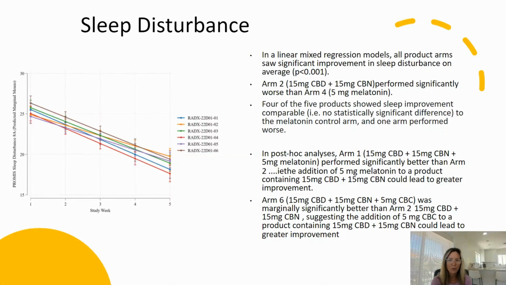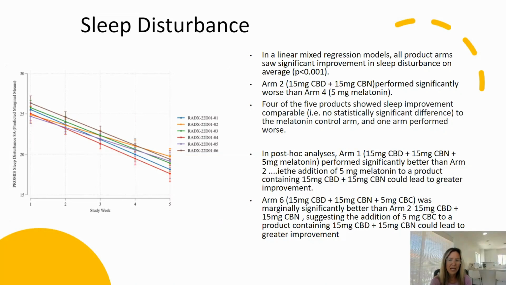Our arm 2, which was our 15 milligram CBD combined with 15 milligram CBN, that was the arm that performed significantly worse than melatonin. Because remember, what we're trying to do is see how everything compares to melatonin. 4 of the 5 products showed sleep improvement comparable to the melatonin control arm. Only the 1 that we mentioned above performed worse.